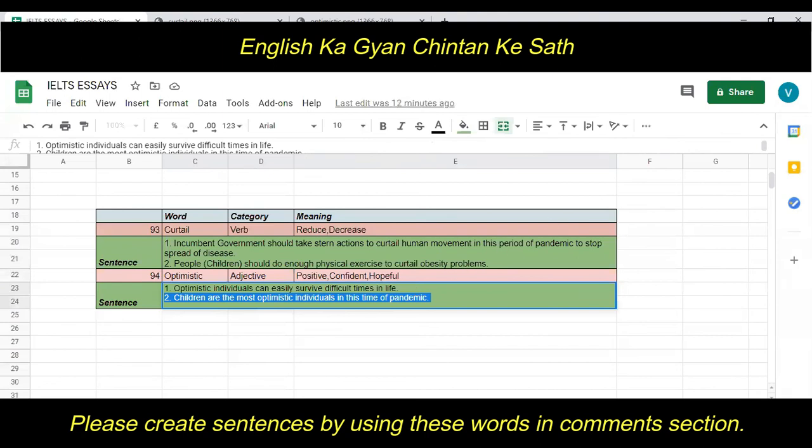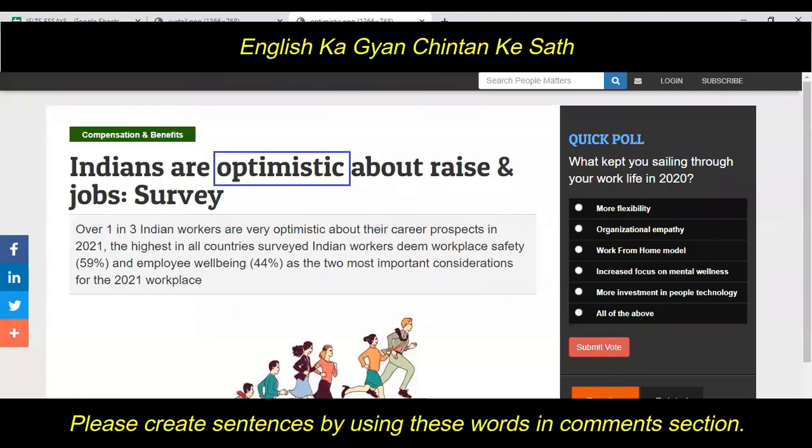Now let me go to the news article in which the word optimistic has been utilized. And the headline says something like this: according to the survey, Indians are optimistic about a raise in salary and the future jobs. Indians are hopeful.